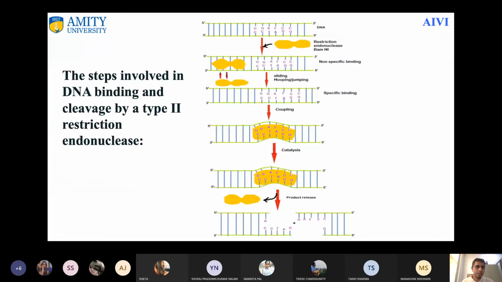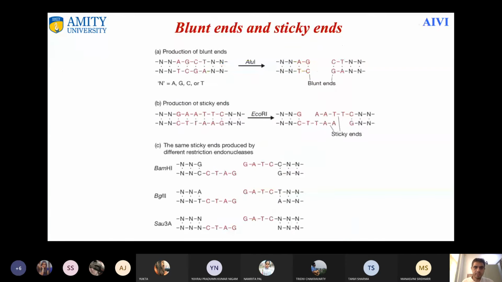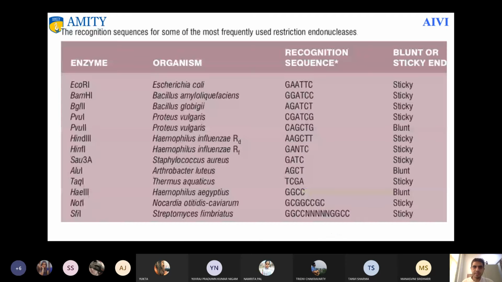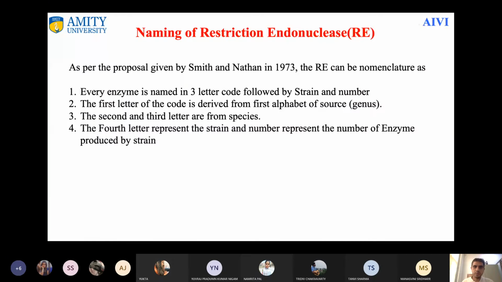And how these enzymes work, their mode of action, and what they produce after the action: what type of cuts they make, blunt and sticky, and the utility of blunt and sticky ends. Important enzymes, their recognition sites, whether they produce sticky or blunt ends, and how you name them, which depends upon their source, genus and species.